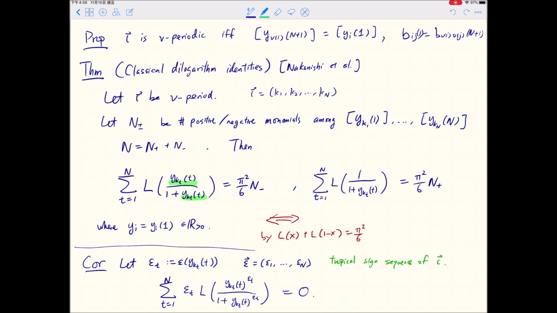So to conclude, let's look at two very simple examples of how this equation looks. So let me try to copy this equation.